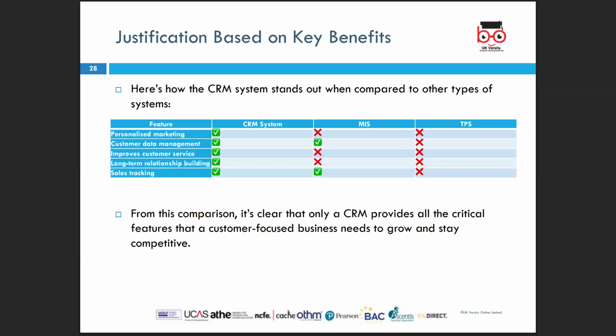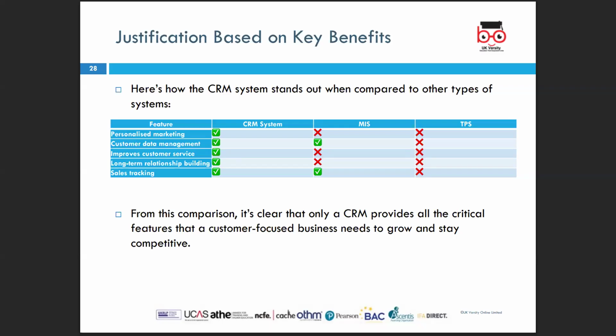Here we have a table which shows where our CRM system stands out compared to other types of systems. As you can see, a CRM system offers all the benefits of personalized marketing, customer data management, improved customer service, long-term relationship building, and sales tracking.